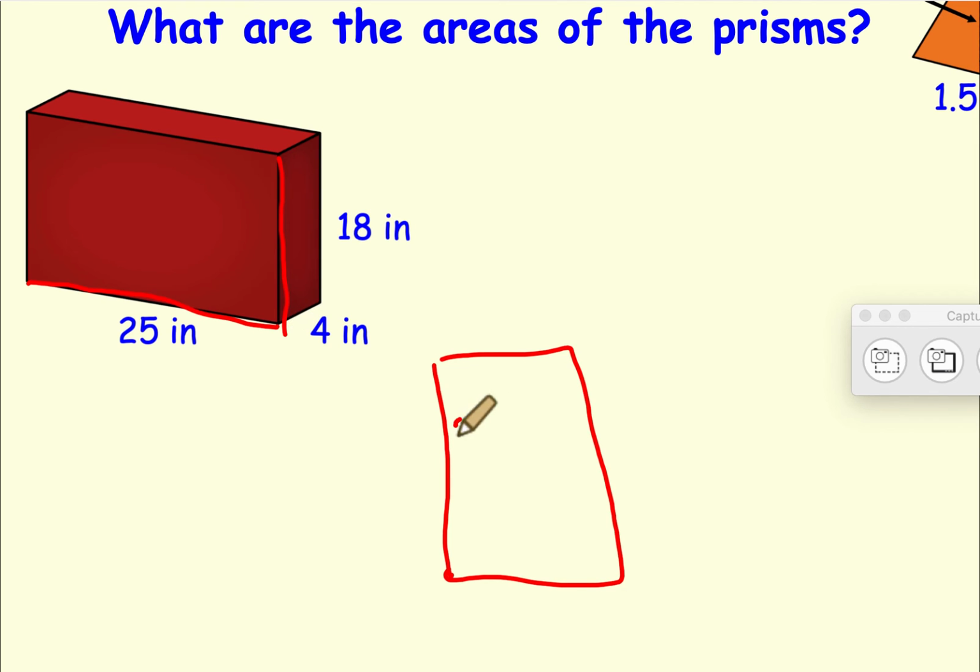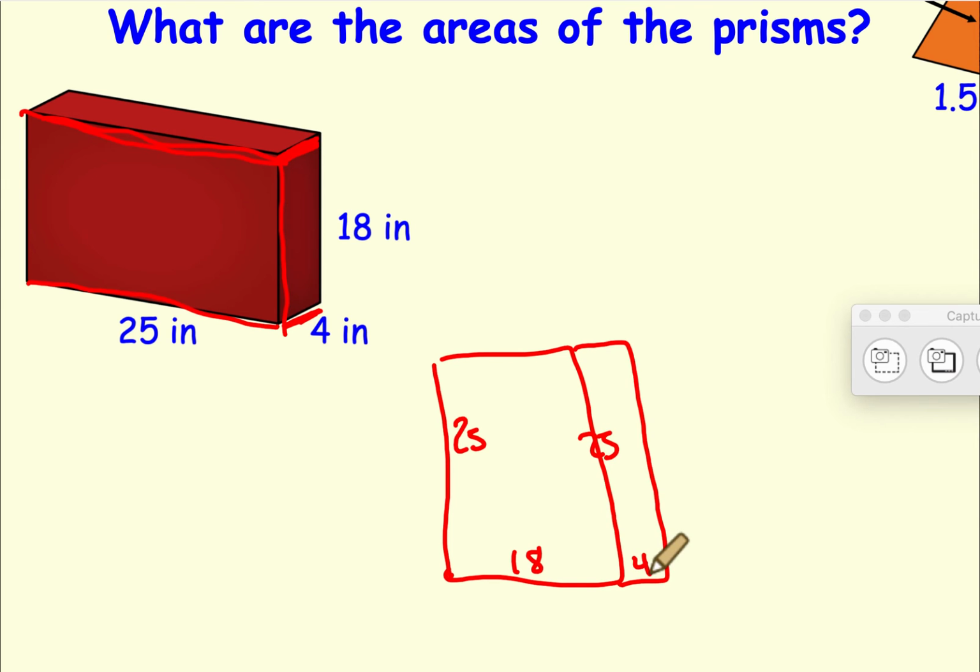On the side, it's 25, and this is 18. Then I have this long rectangle attached to it, but it's kind of narrow. So that means it's 25, and it's got 4 over here, so that means it's 4 on the other side.